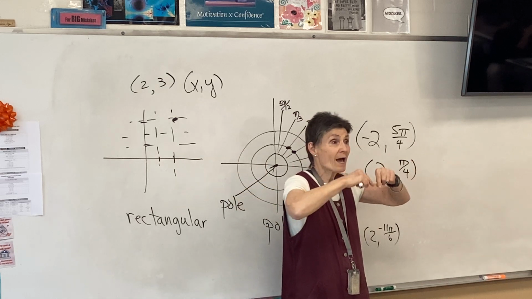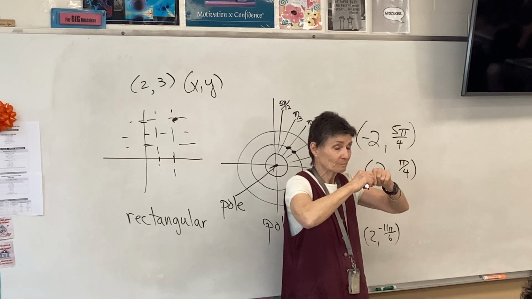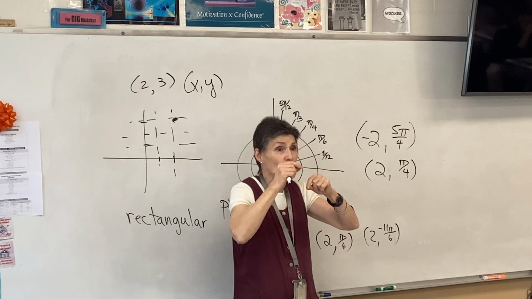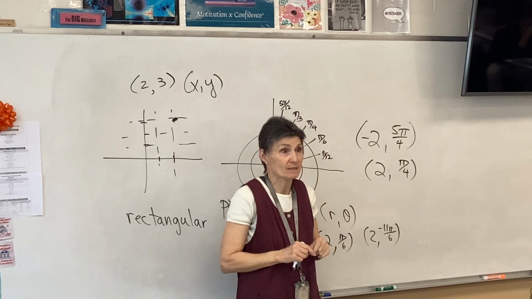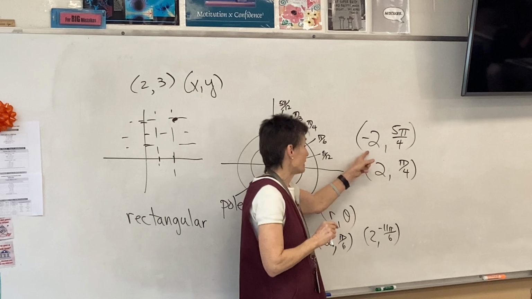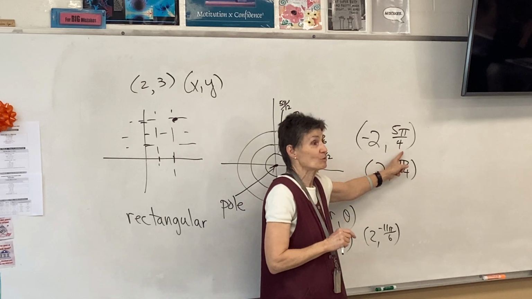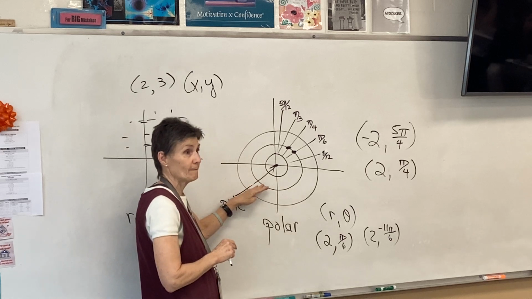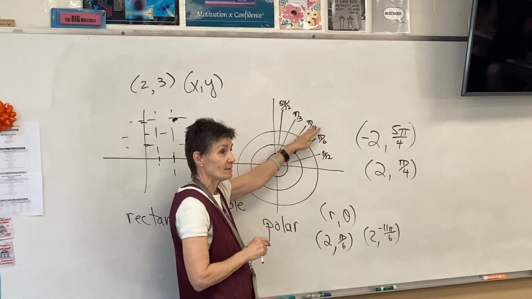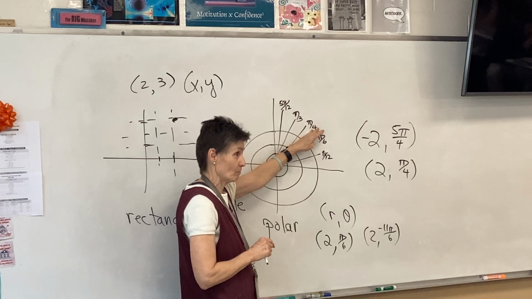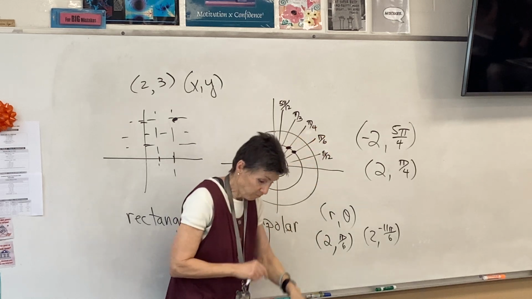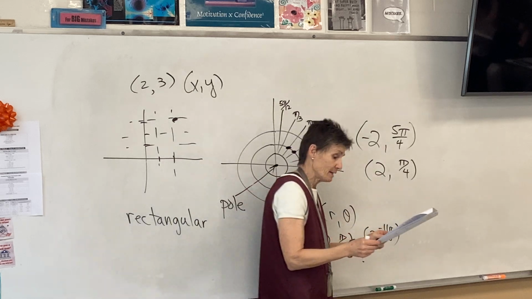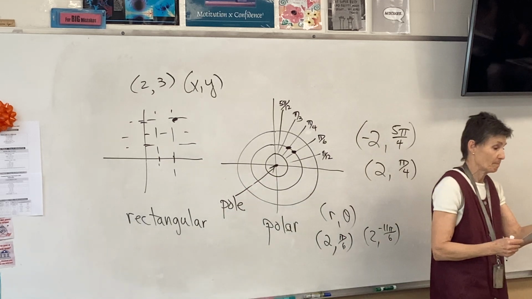So if you have a negative R value, in order to plot the point, you have to change your angle by pi radians. Negative 2 means you're going the opposite direction of 5 pi over 4. Isn't this 5 pi over 4 right here? I need to go the opposite of it, so that puts me at pi over 4. So all 4 of the points in example 2 are plotted in exactly the same place.